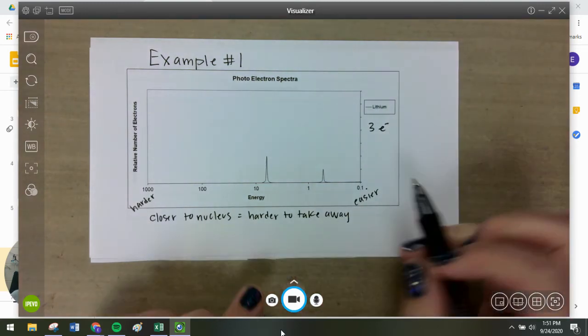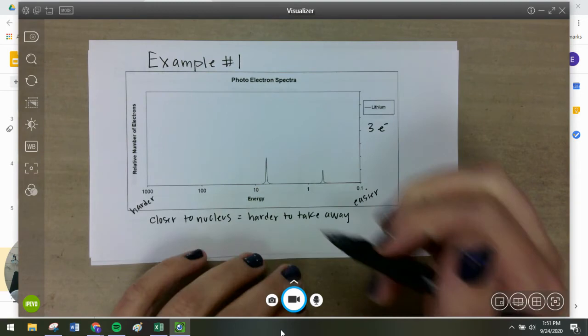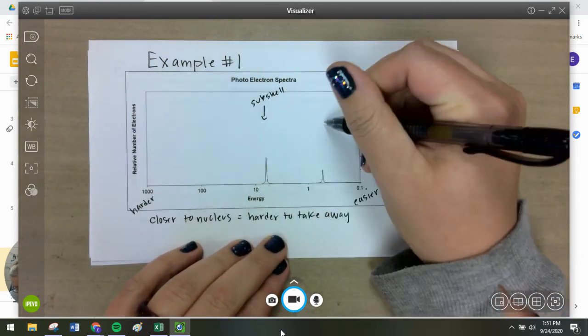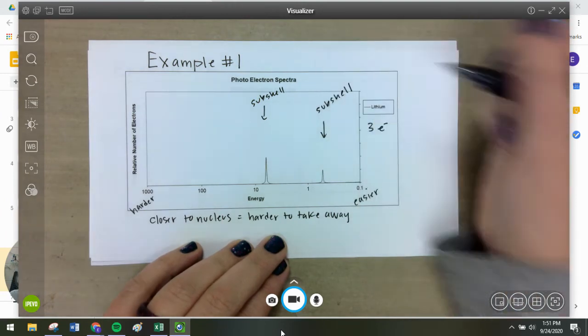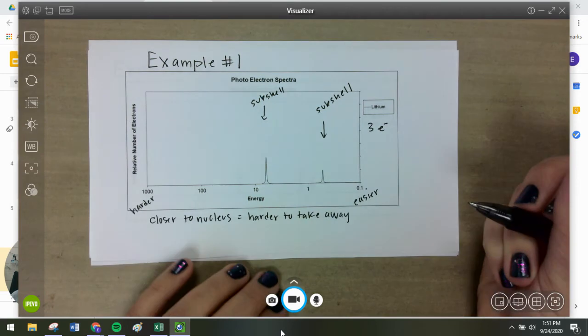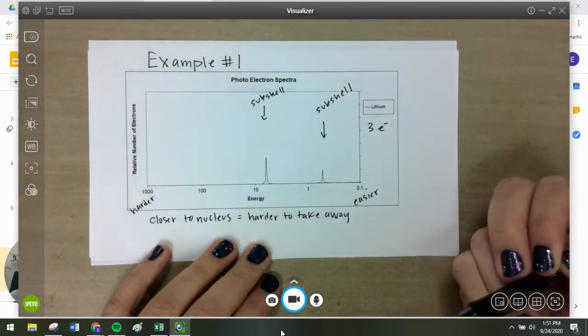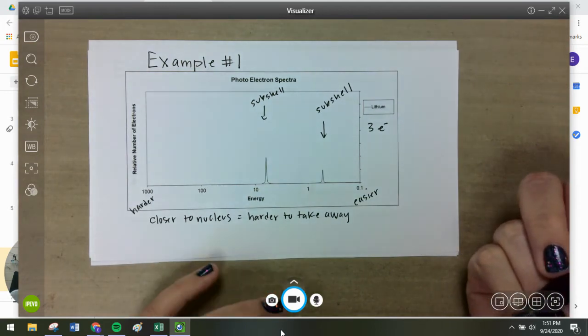When you see these little spikes on a PES diagram, what they represent is a subshell. So this is a subshell, and this peak represents a different subshell. When we look at these, the height of the peaks shows us how many electrons are in there, and we have to compare sizes.